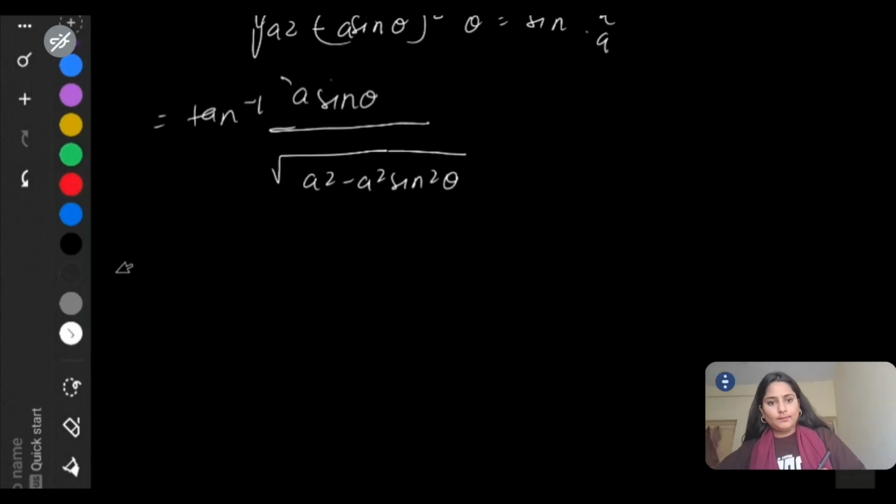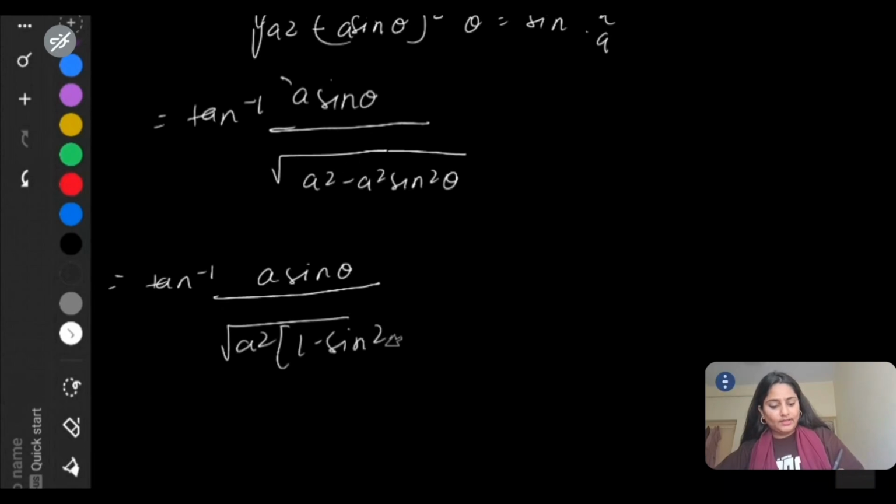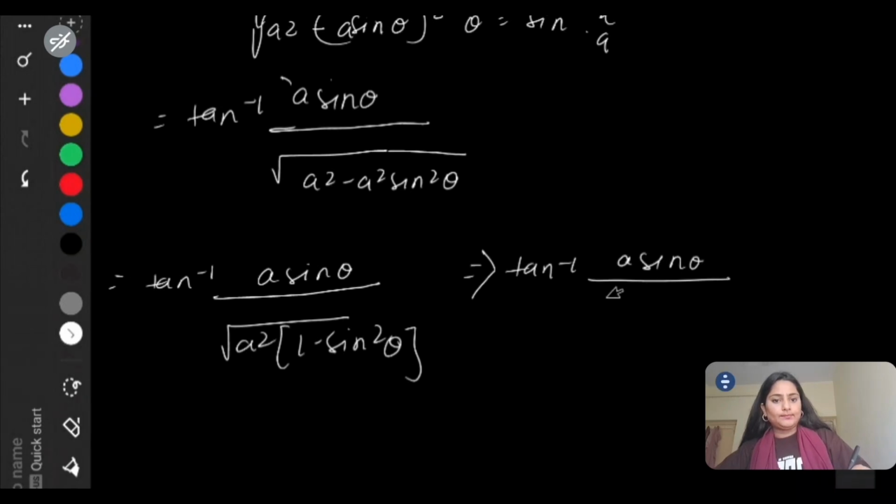Now we will take common a square, so under root of a square times (1 minus sin square theta). Okay, and we know that 1 minus sin square theta is cos square theta. So the next step we will write tan inverse of a sin theta upon under root of a square cos square theta. Now both are in the square, so we will take it out.